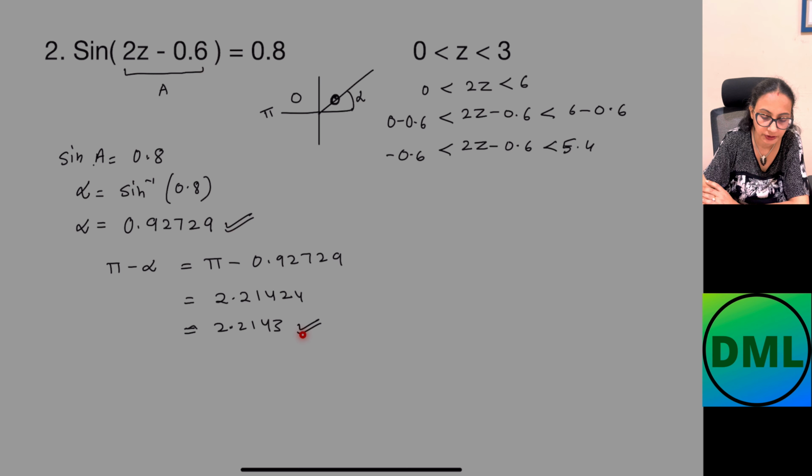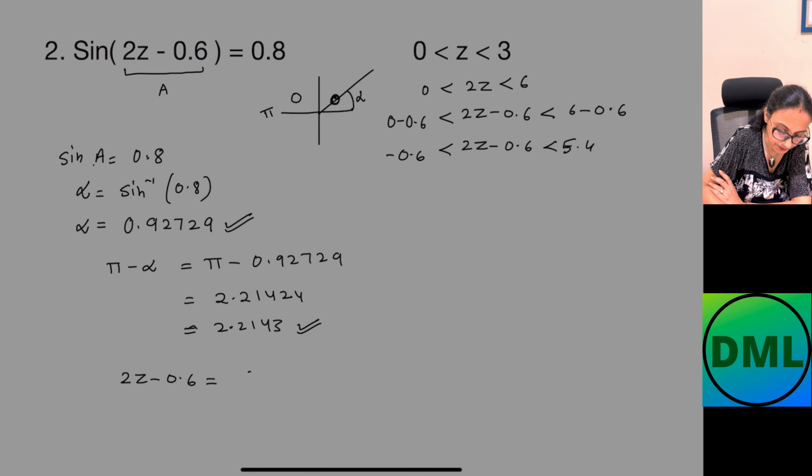Let's put both the answers equal to 2z minus 0.6. Let's do it here. 2z minus 0.6 is equal to 0.92729, and my second answer is 2.2143.